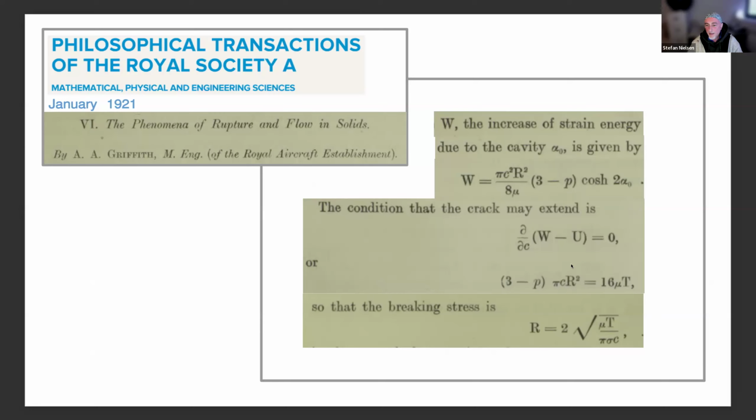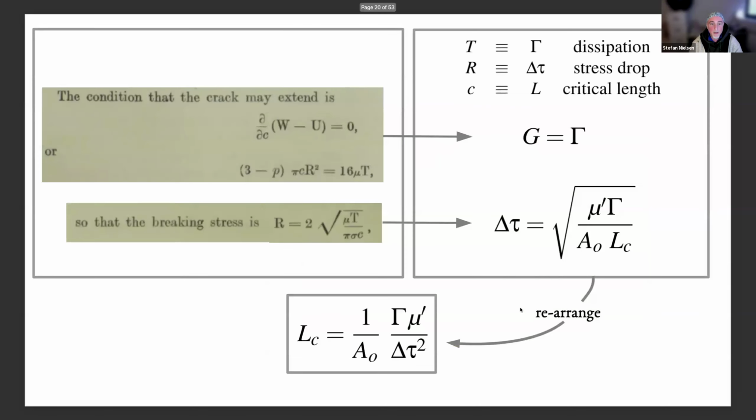The other one is how this energy changes if the crack is extended. And finally, if the energy available is sufficient to overcome the dissipation of the advancement of fracture, then you have an advancement criterion. And he got a limiting stress, which he called R, which is essentially the same if you use these parameters.